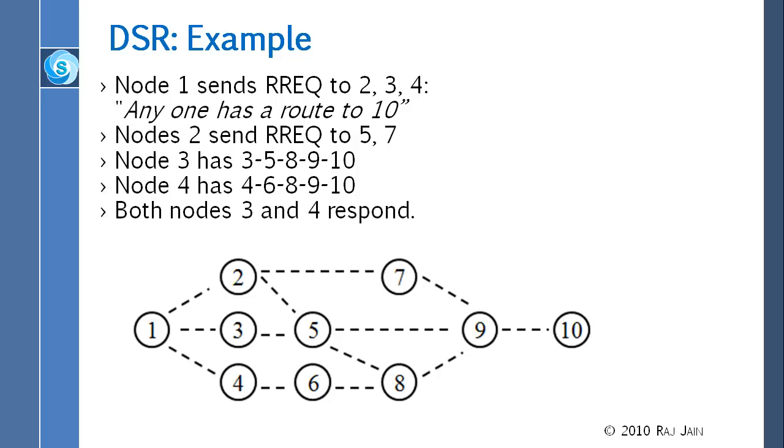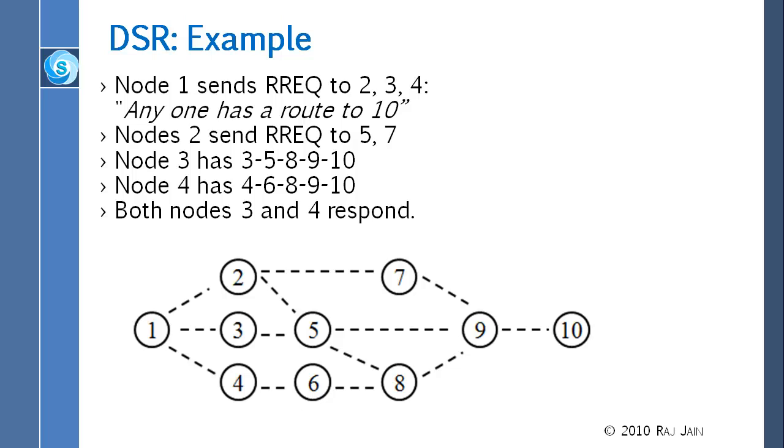But it turns out in this example that node 3 does have a route to 10. It knows that the route to 10 is 3, 5, 9, 10. And 4 has a route and it knows that it is 4, 6, 8, 10. And so both of them respond back to 1, saying, I know the route for you, and you can add 1 to me.